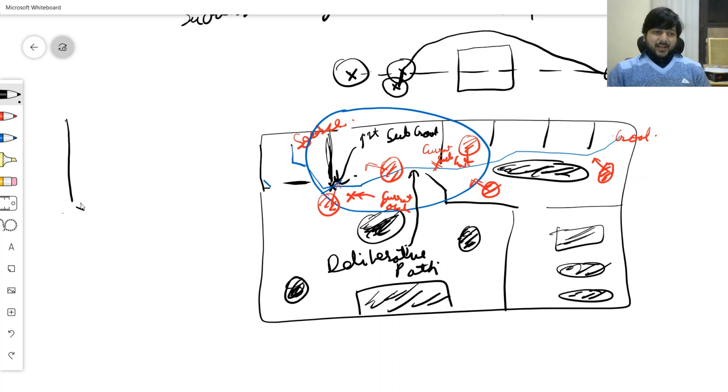This is where I am currently. That's my source. This is my sub goal. That's the door that I was concerned about. And there are obstacles like this. So these are dynamic obstacles.